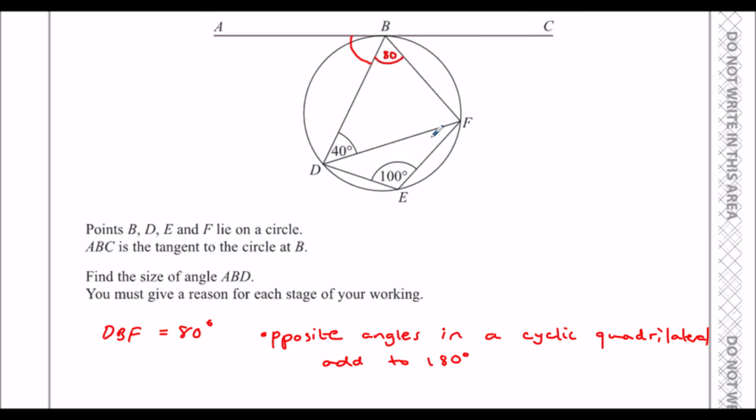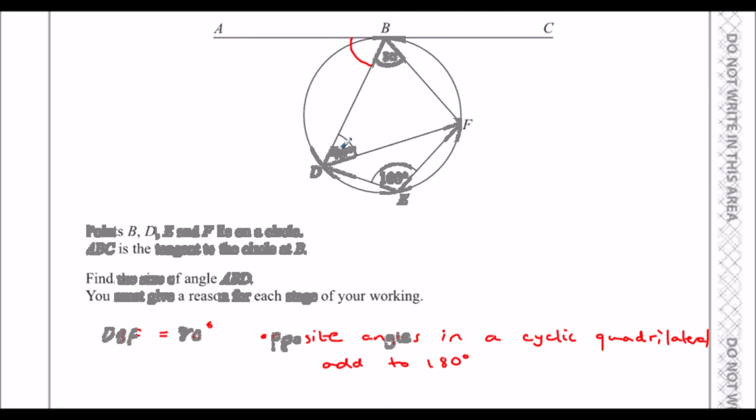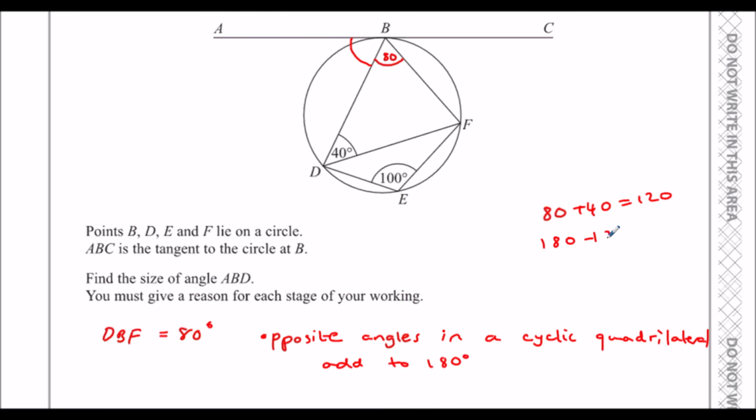Then we can say that, well, we know BFD is part of this triangle. So angles in a triangle add up to 180 as well. 80 plus 40 is 120. 180 take away 120 is 60 degrees.